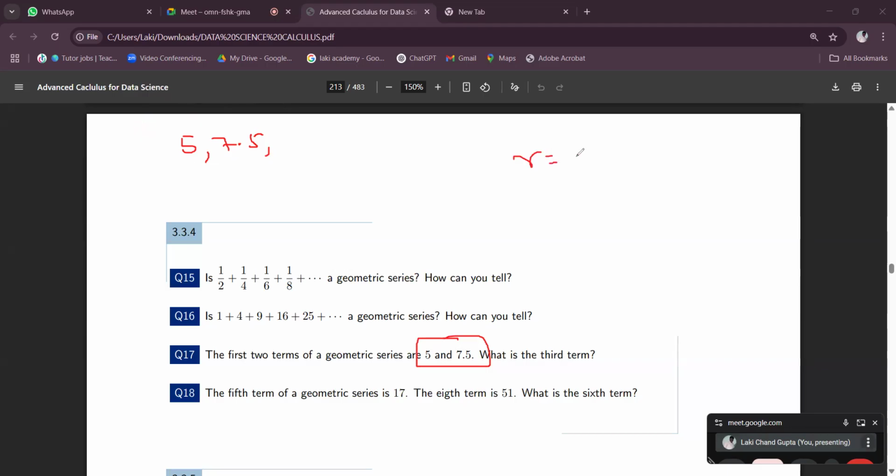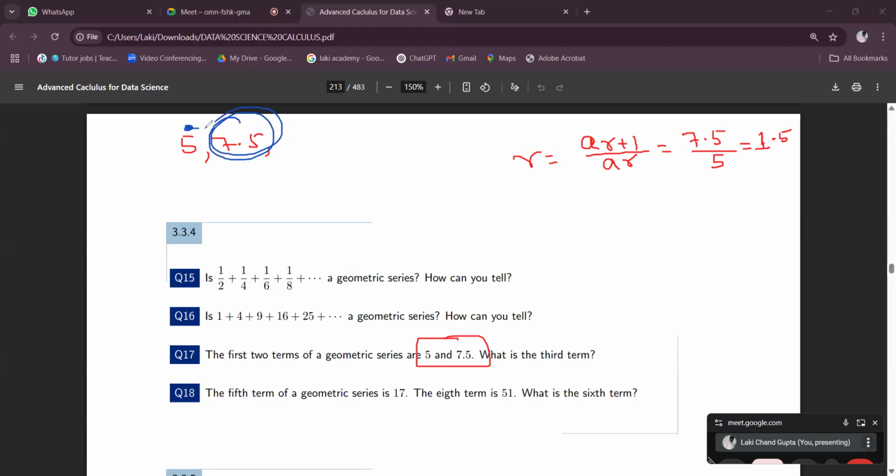Any term divided by its previous term gives the common ratio. The second term is 7.5 and the first term is 5, so you will get 1.5. It means that when you multiply 5 by 1.5, you will get 7.5.